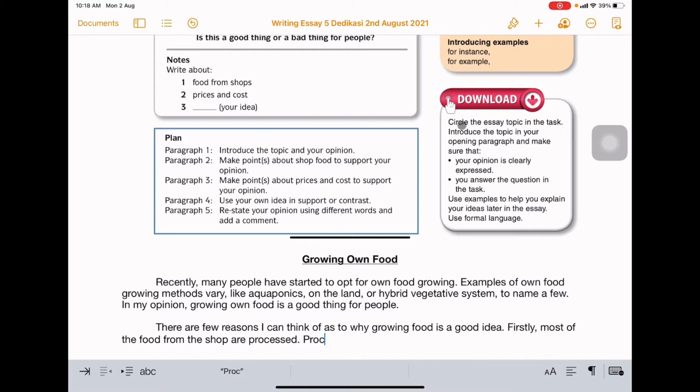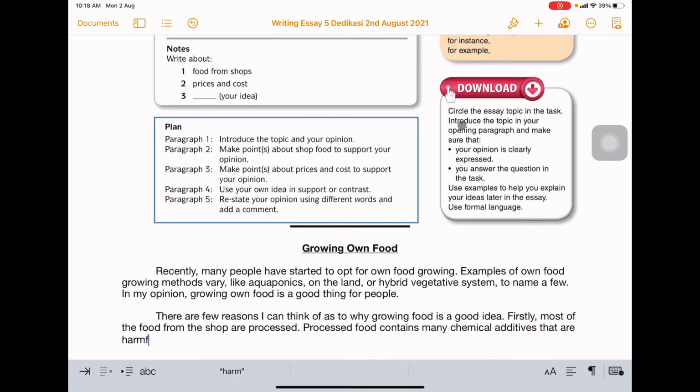Then you can describe more about processed food. It contains many chemical additives that are harmful to our body. So boleh cakap macam tu.